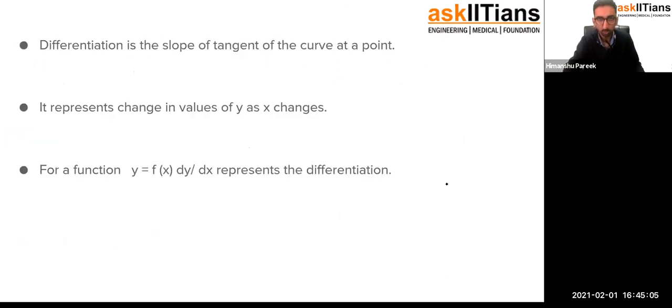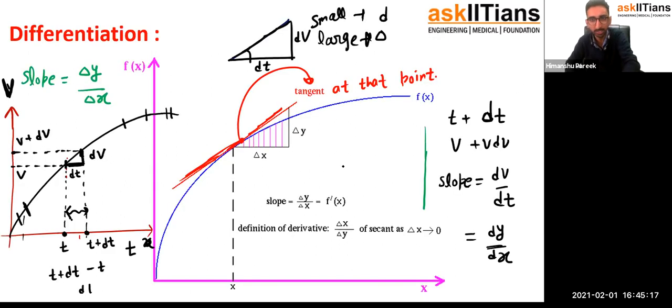Okay. Now this dy upon dx, it is representing the slope of a straight line. What it is representing? Slope of, basically it's a slope of the tangent at a point we are discussing, at a very small interval, at a very particular precise point.